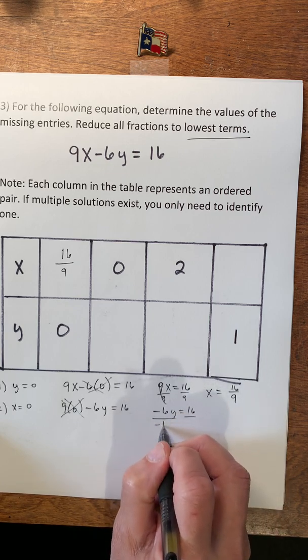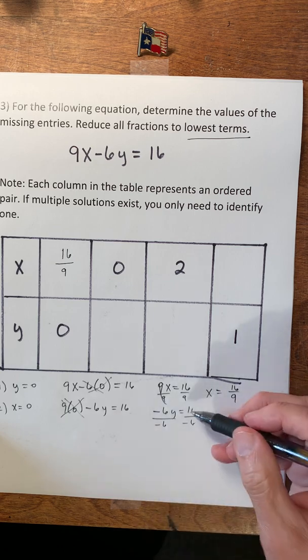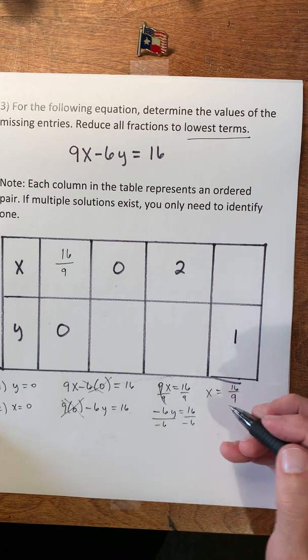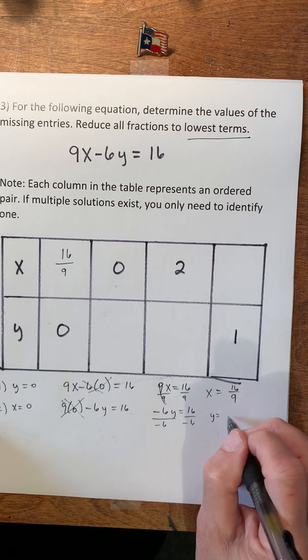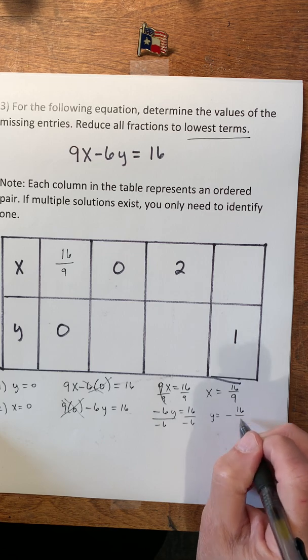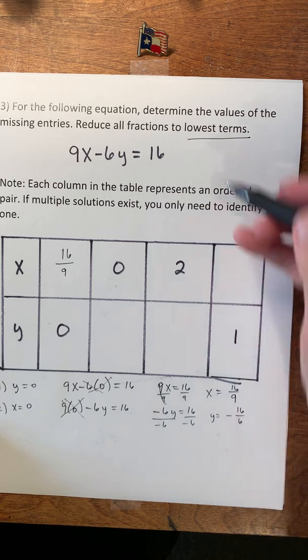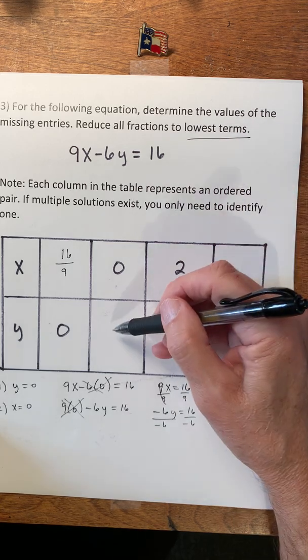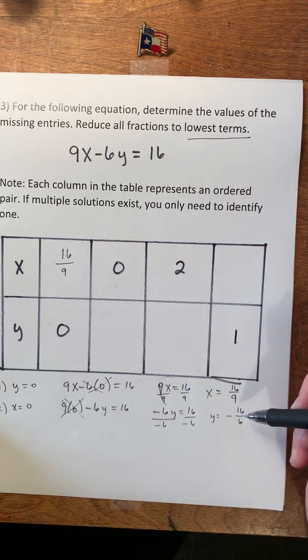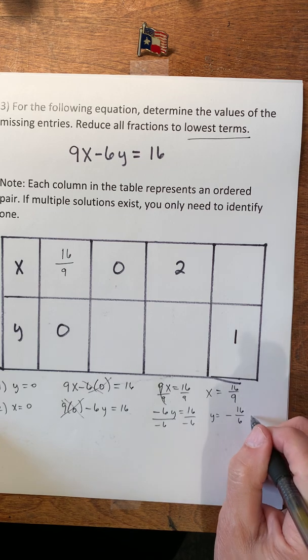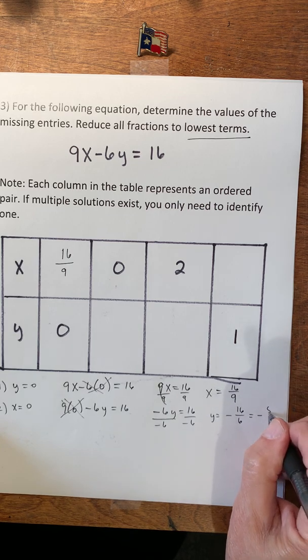Divide both sides by -6. And you know that a positive divided by a negative is a negative. And there's my answer, right? No, because lowest terms, and that would give you an incorrect answer if you put this in there. These are both divisible by 2, so -8/3.